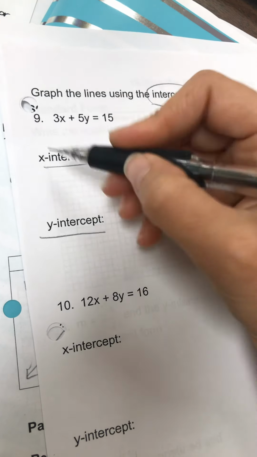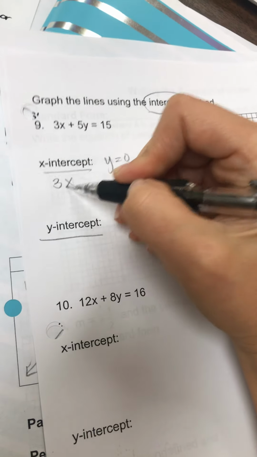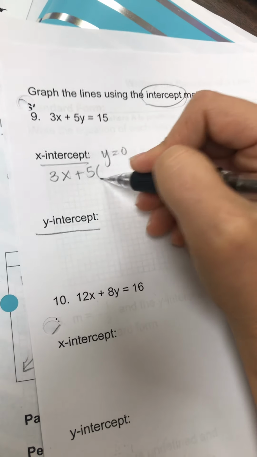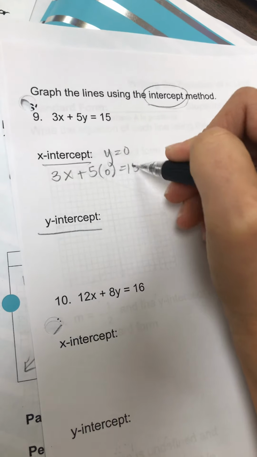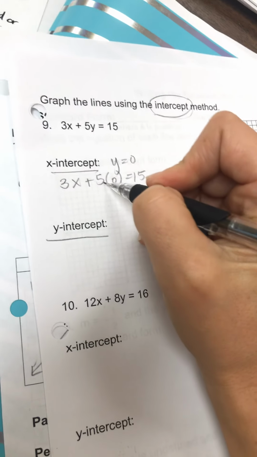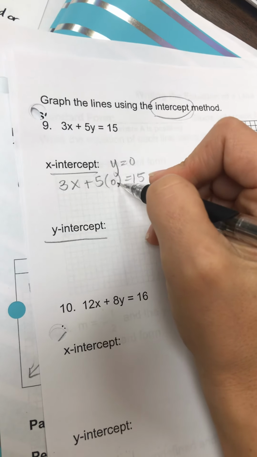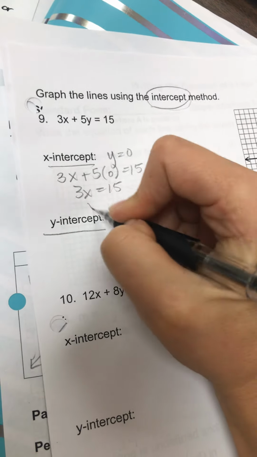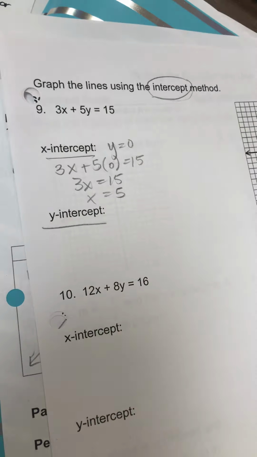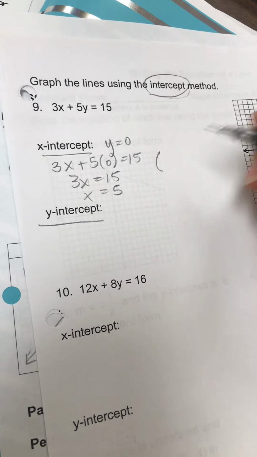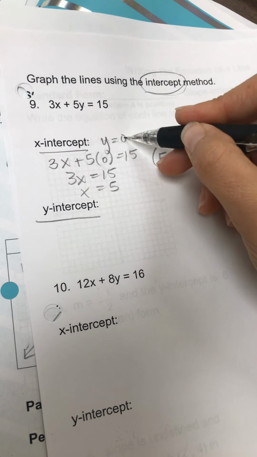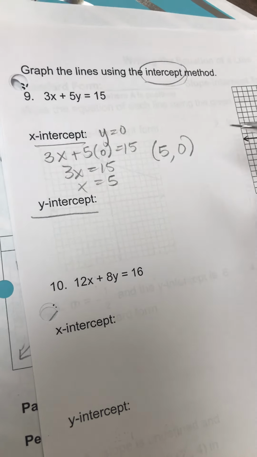So you're going to take your original equation, 3x plus 5y equals 15, but where it says y, you're going to put 0. So you're going to put 3x plus 5 times 0 equals 15. Now then, 5 times 0 is 0, so you're left with 3x equals 15, and x is equal to 5. Okay, so you know your point now. Where x is equal to 5, y is equal to 0.